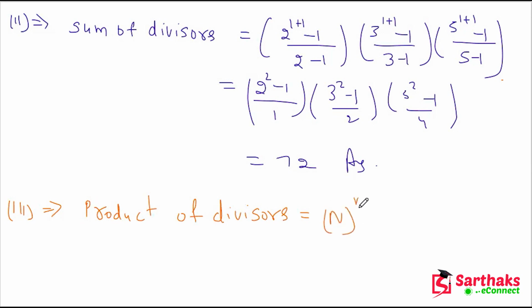Capital N raised to power small n by 2. Capital N is 30, and 8 upon 2 means 30 raised to power 4. If we solve it, we get 810,000. So this is our answer.